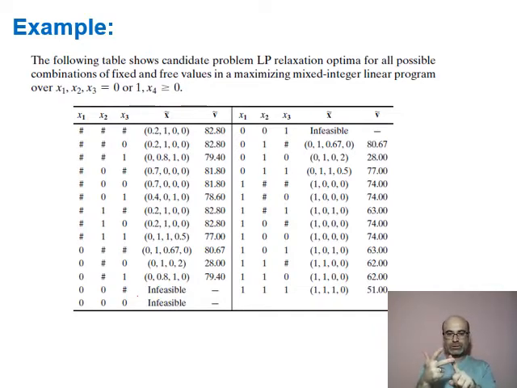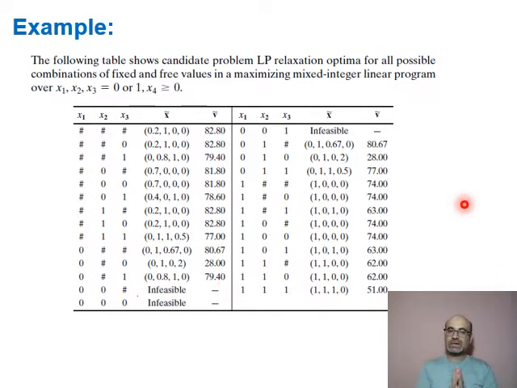And since there are three such binary variables, we have 3 times 3 times 3, 27 possible combinations, and in this table you will see all those 27 combinations. Their solutions are given and their objective function values are given.